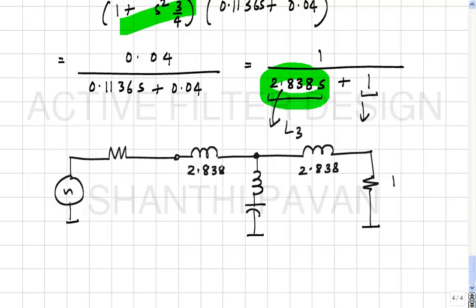Okay. What happens to C, or C2? 5.67. And what about inductance? Okay. So finally we have finished.